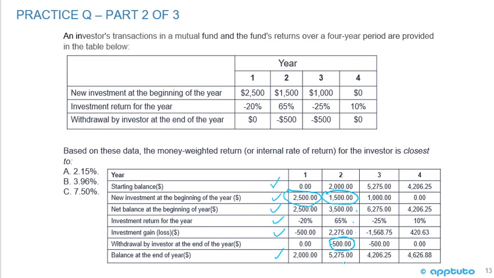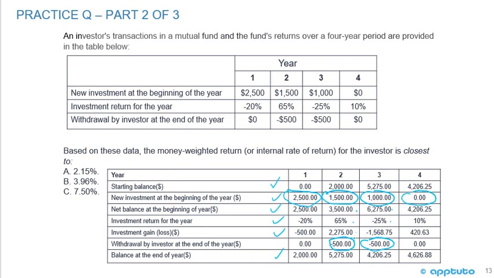And so we're going to have the balance $5,275 at the end of the year, which becomes your beginning year balance. Another new investment of $1,000, we're going to need that. So we have the balance $6,275, minus 25% return, which is negative $1,568.75, and another $500 withdrawal by the investor. And so we have a balance of 4206.25, no new investment here, okay?